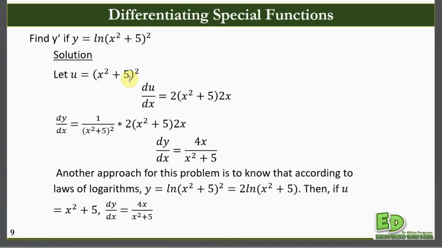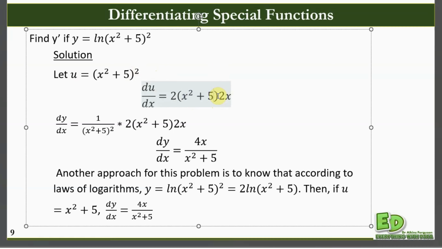Let u be equal to that function and find the differential of that function. So du over dx: bring the power in front of the function, 2 in front, multiplied by x squared plus 5, reduce the power by 1, that is 1 here, then multiply by 2x. That will give you du over dx.